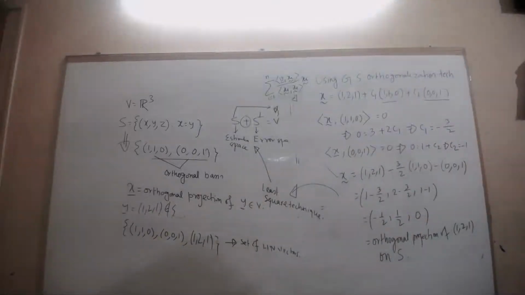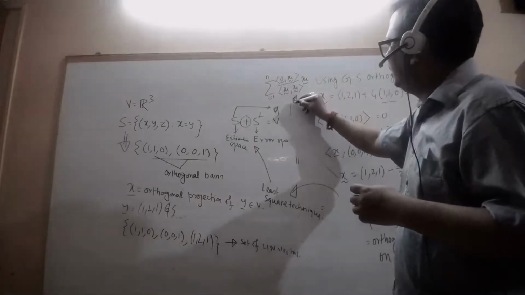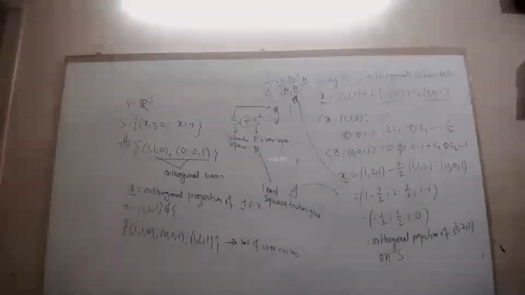So you can also use this direct formula, or get it that way also. So this is the orthogonal projection of the vector.